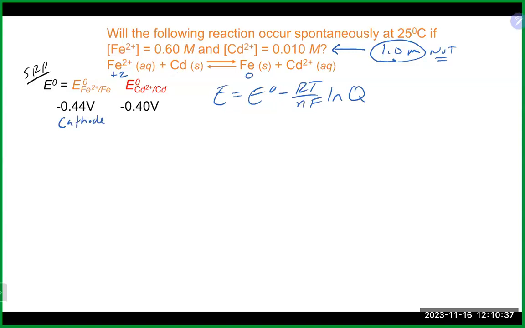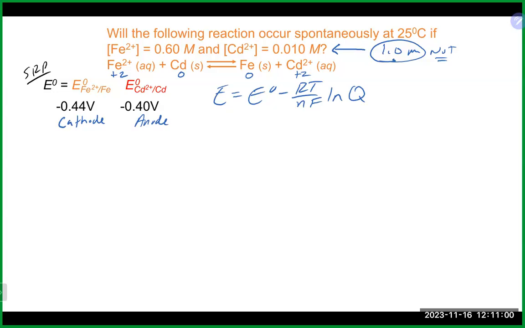While we look at the cadmium, it goes from 0 to +2, once again moving to the right on that number line, becoming more positive and being oxidized, which means that this is our anode. They were both negative values for SRP, but if you went just by the SRP values, you would have chosen cadmium as your cathode.